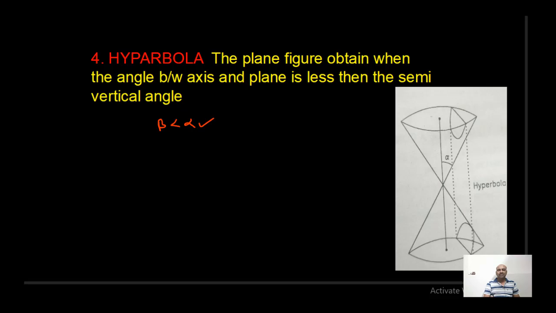So in this situation, the conic section so formed is nothing but hyperbola. Observe here, this is a double napped cone. This is one part of the hyperbola, this is another part of the hyperbola, together they give the conic section called hyperbola under this condition.